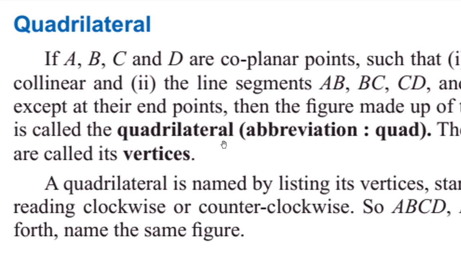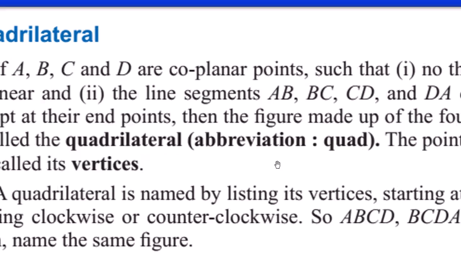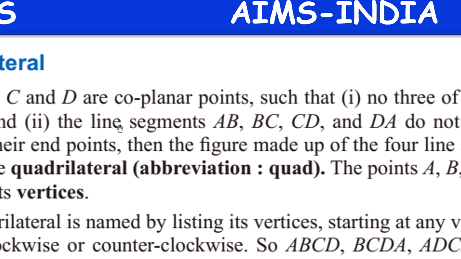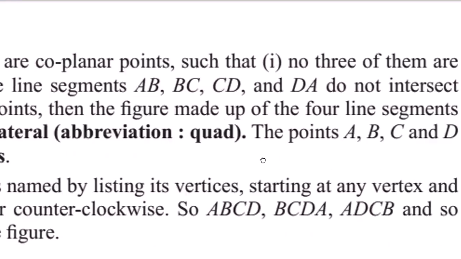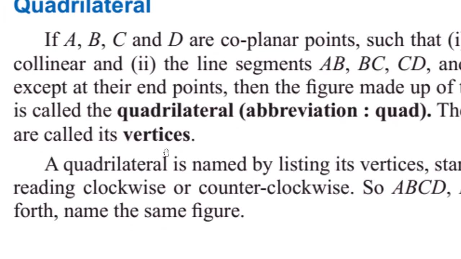Quadrilateral is taken from the word quad or quadra, which means 4. The points which we have taken, A, B, C, D, are called vertices.